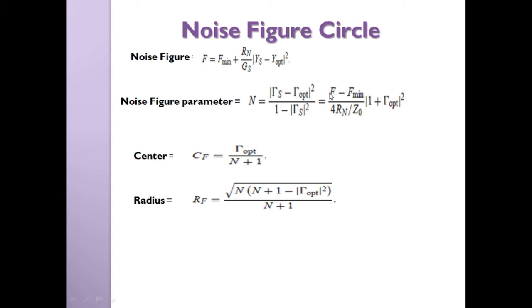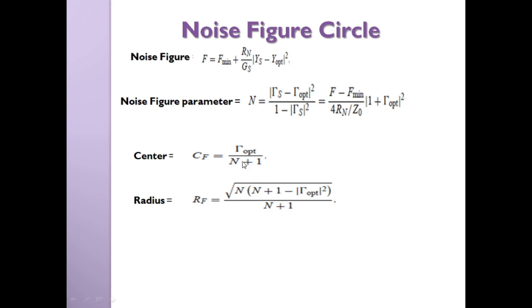The defined values are F minimum and RN, which I have to provide, as well as gamma optimum, the optimum reflection coefficient belonging to the minimum noise figure value. Based on that I can find the noise figure parameter capital N, and based on that N value, the center and radius of the noise figure circle.